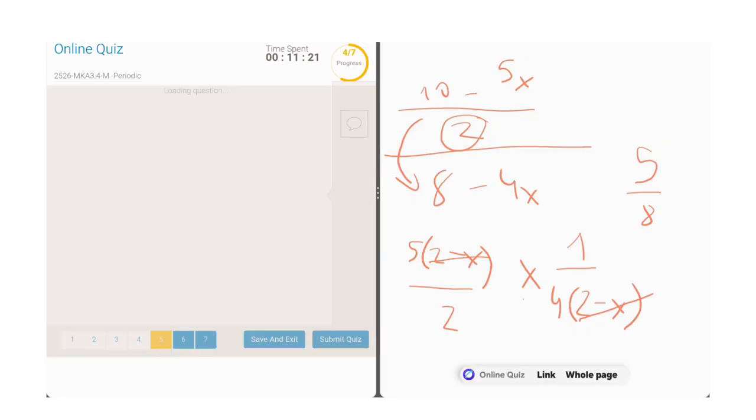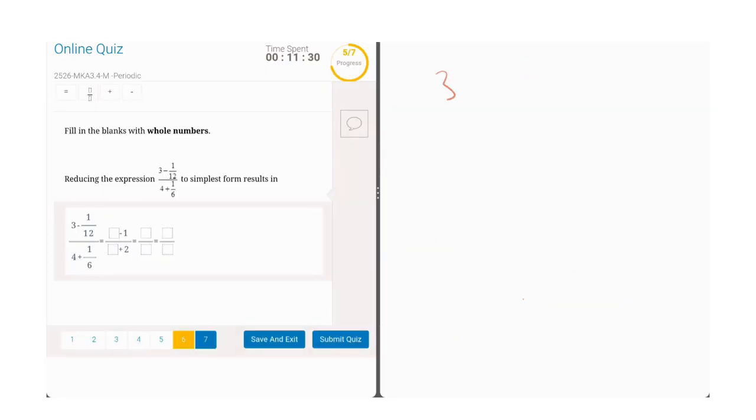This question, we have 3 minus 1 over 12 over 4 plus 1 over 6. I'll do this one with their method, the one that they use to get these fill in the blanks. So 3 over 1 will have 4 over 1 as well here. So I multiplied this 12 on both sides.